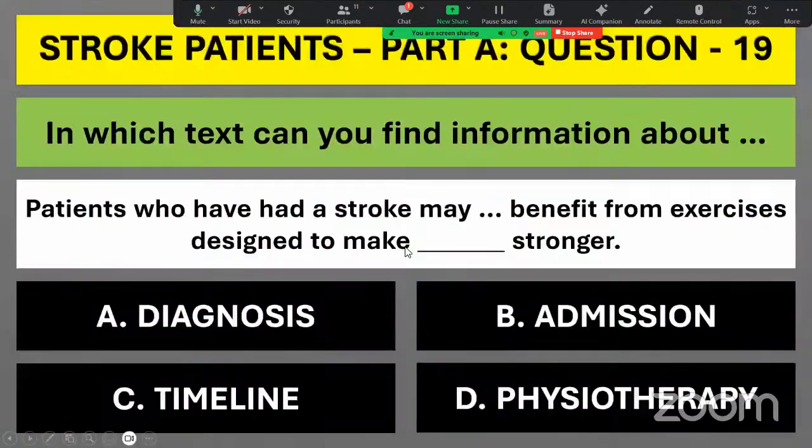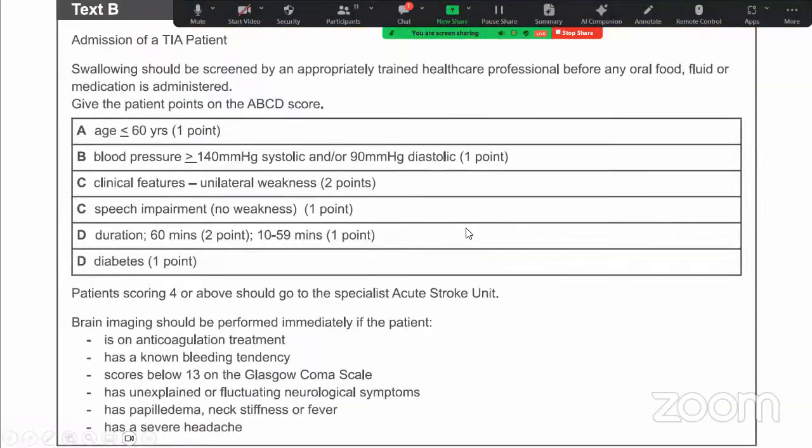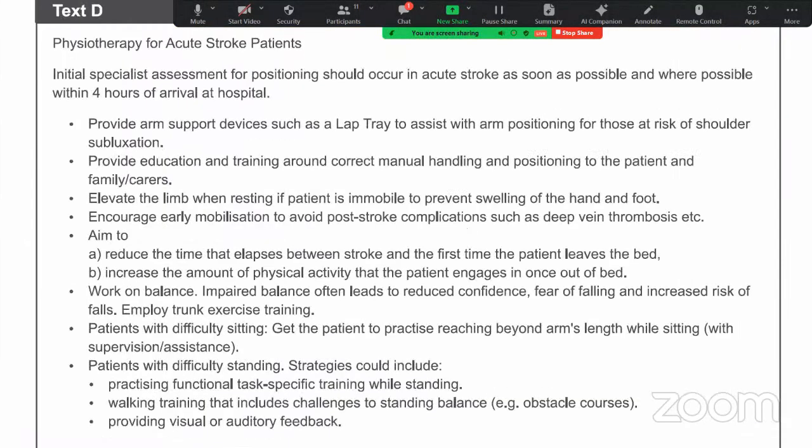Now let us check afterwards. D. Yes, here it is. Now check and find the answer.